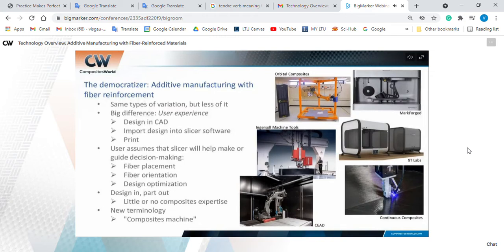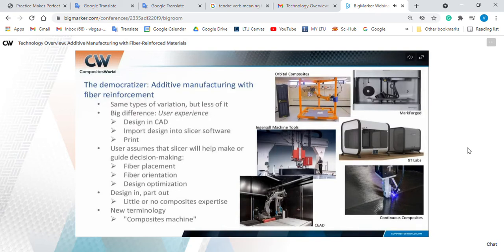The user also assumes the slicer will help them make decisions about fiber placement and fiber orientation and design optimization. And in the supplement, you'll see a story that I wrote about how some of that optimization is taking place right now.